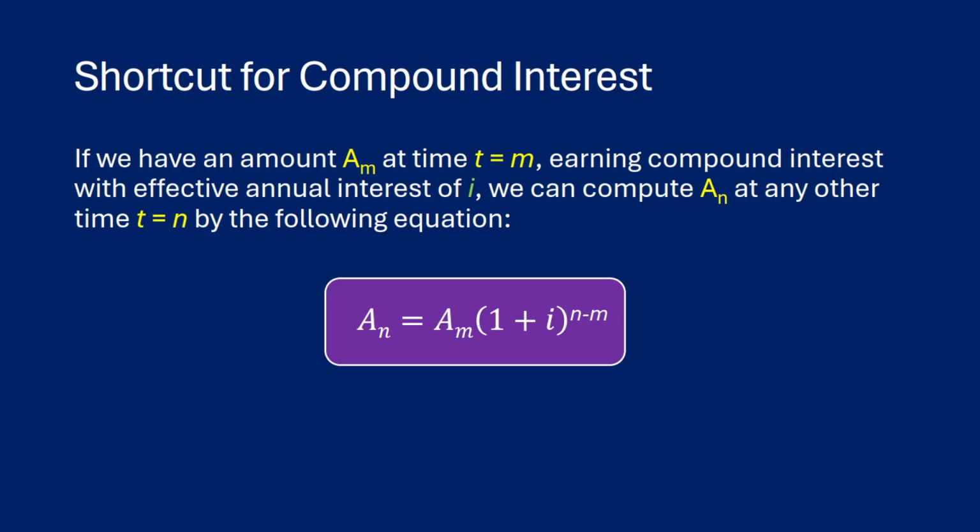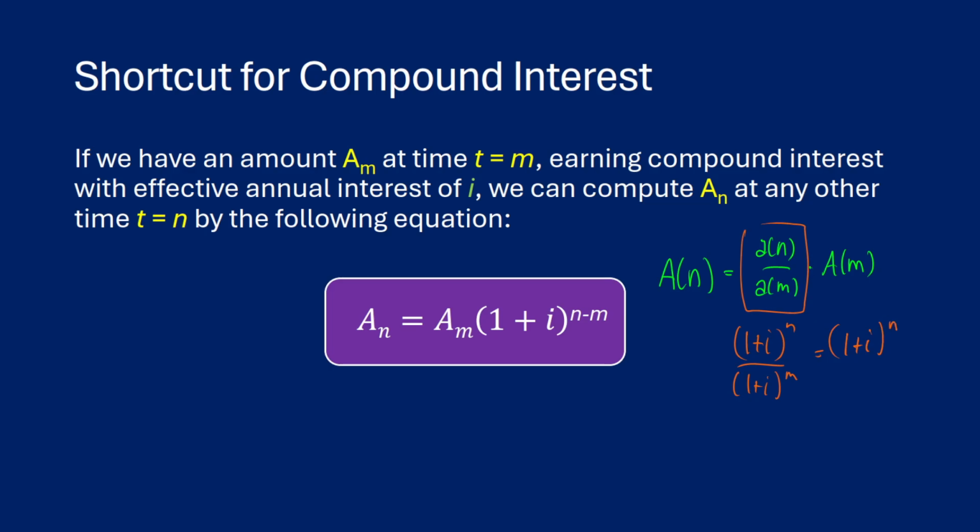Because basically, if we take a look at our old formula, big A of N is equal to little a of N divided by little a of M multiplied by big A of M. In terms of compound interest, this is basically going to be (1+i)^N divided by (1+i)^M, which is the same thing as (1+i)^(N-M). So really all we've done here is just replaced our accumulation function with 1 plus i, and then we've done the algebra already.